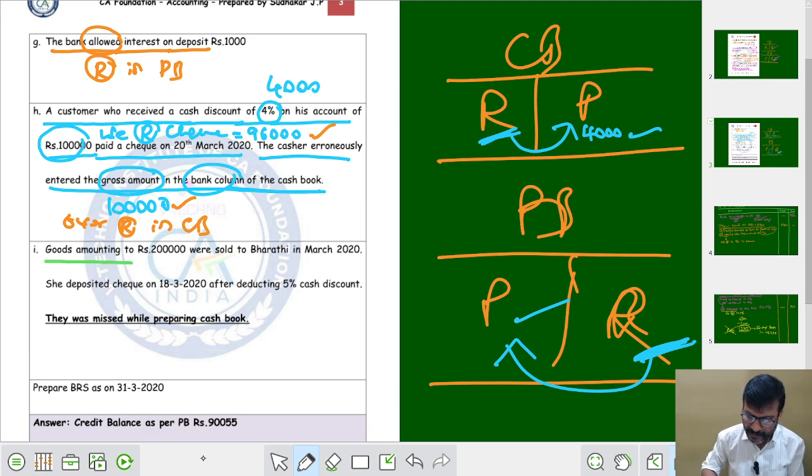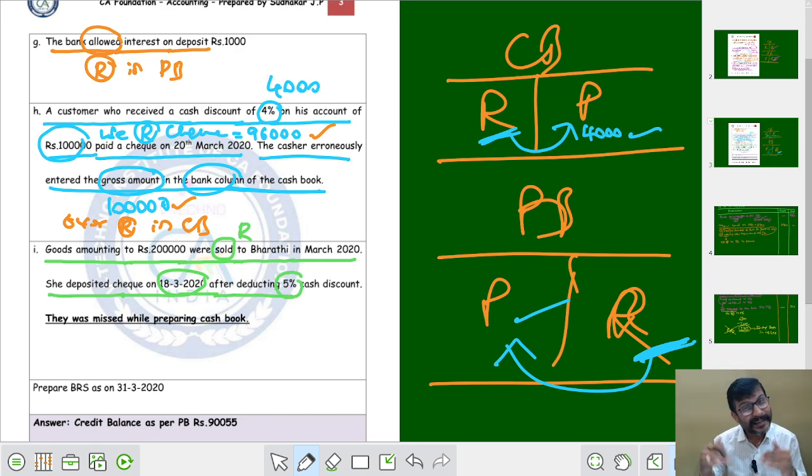Goods amounting to rupees 2 lakh were sold to Bharati on 31st March. Sold means you have a receipt, right? Fine. She deposited a check on 18th March. Oh, within our financial year, right? After deducting 5%.